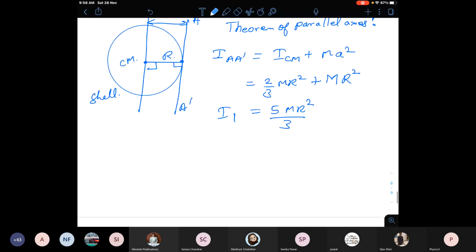What about I2? I2 is also identical, but the axis is in the opposite direction. Everything will be the same.